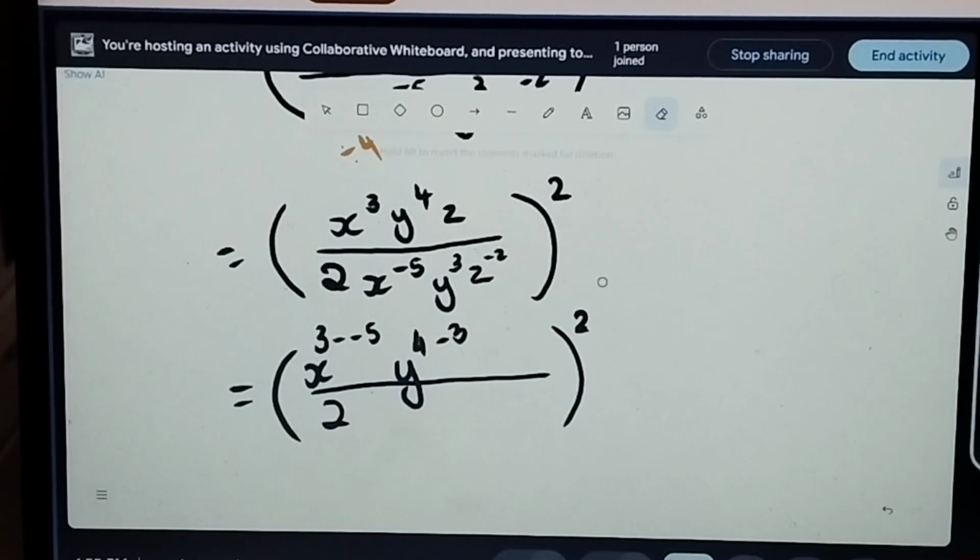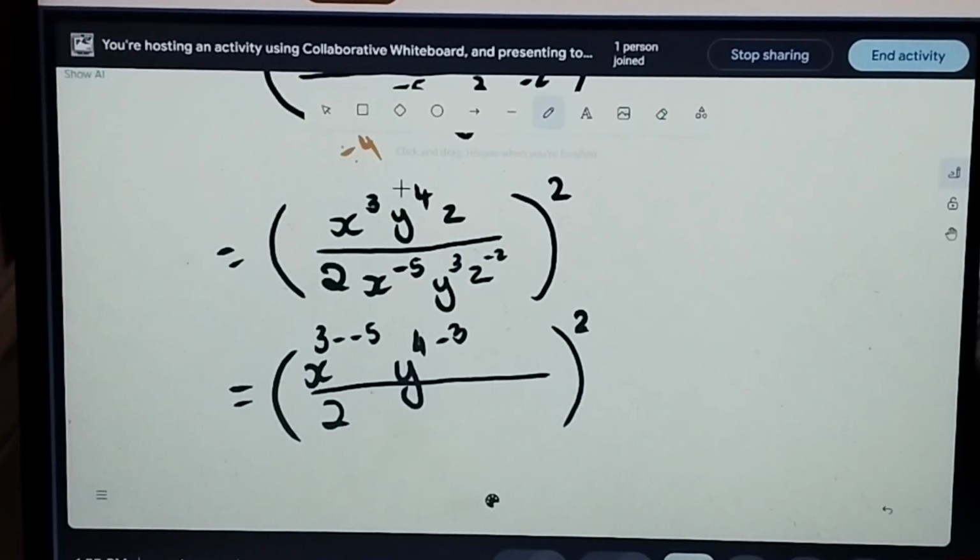Okay, what 3? Because we've already said 3 minus 5, so which 3 is that now? That's this 3 at the bottom here by the y. So I've taken this 4, the 4 that's the power of the y at the top, and I've subtracted the 3 that's with the y at the bottom. Okay, so you took this 3 by the x and said that one minus 5.